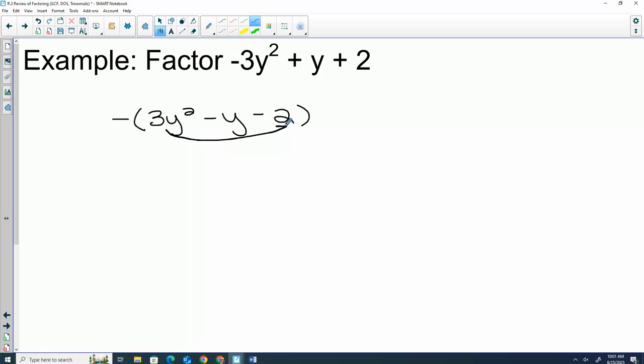So if we slide our 3 down to the 2, the negative that we took out is just going to keep trailing along. So you can carry it down, you can just put it on your final answer, that's up to you, personal preference. Multiply to -6 and add to -1.